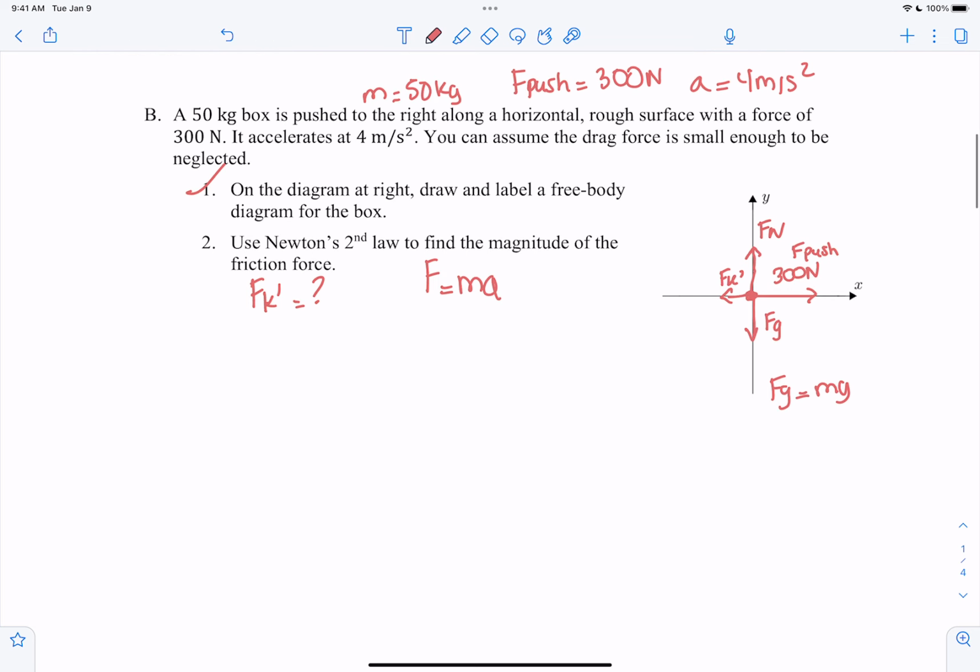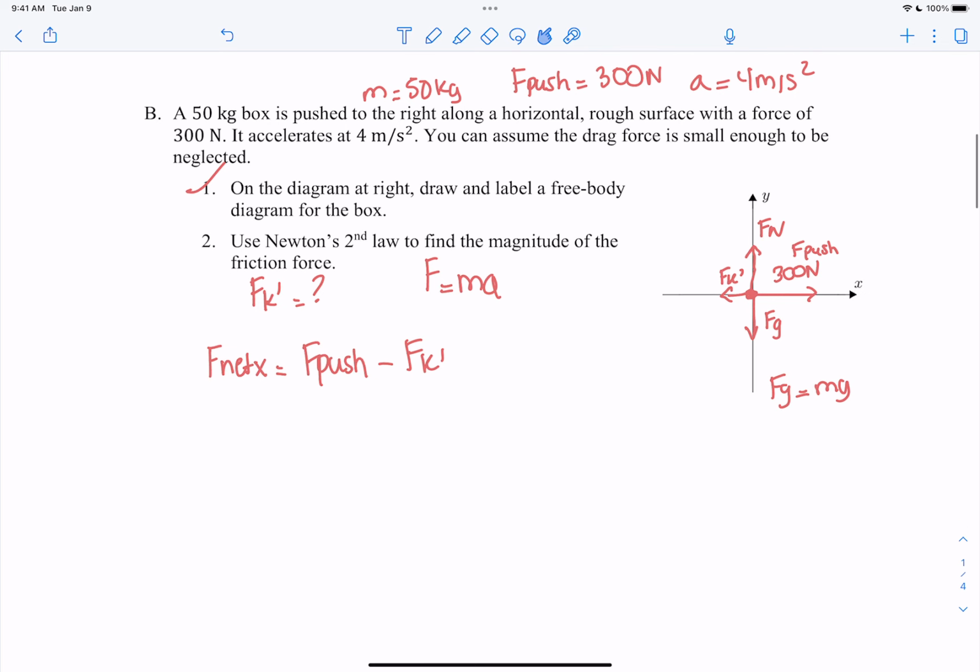So for F net x, we have F push to the right, and then we can say minus Fk prime, that's the kinetic friction, right? Like I said, I'll integrate the direction right then and there with the equation. So we have F push minus Fk prime, and that's equal to max.